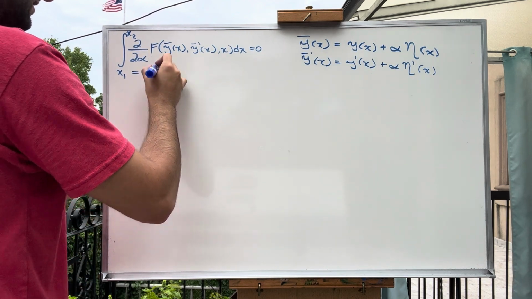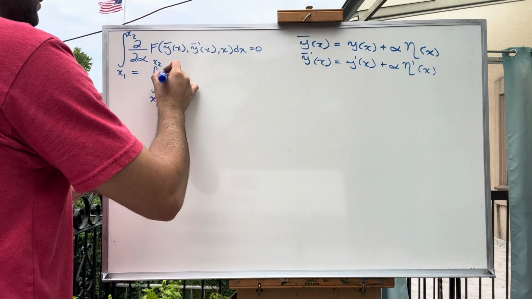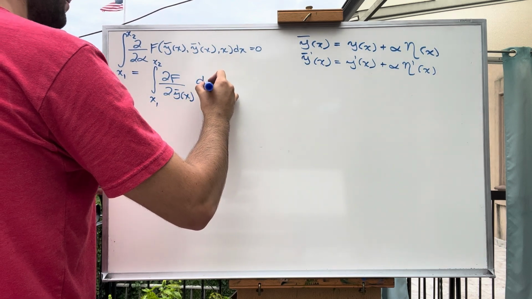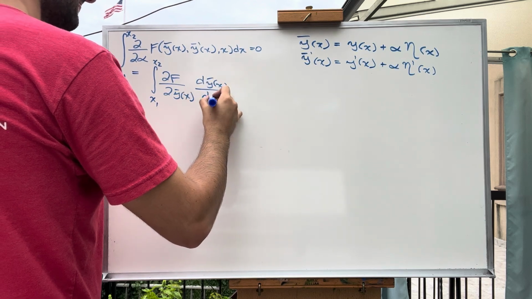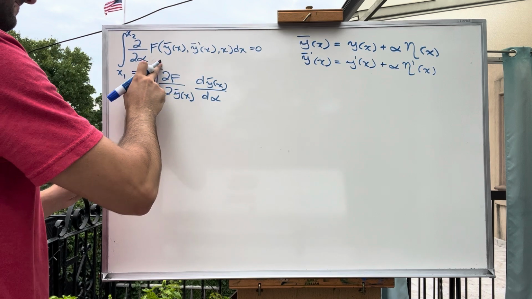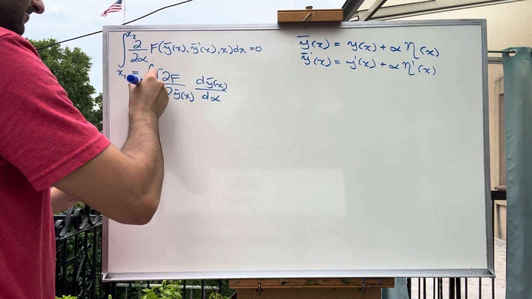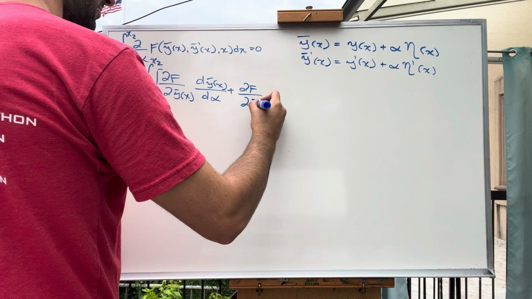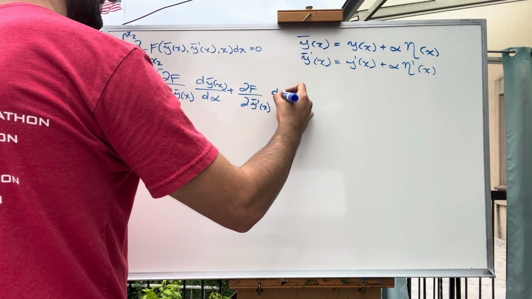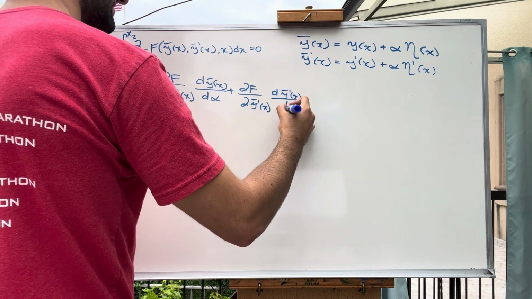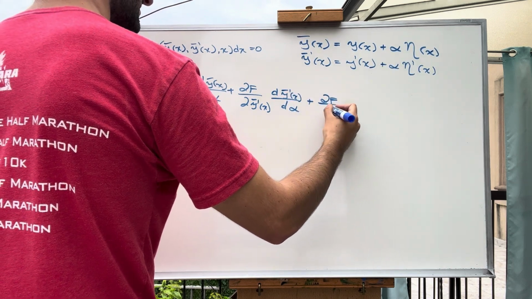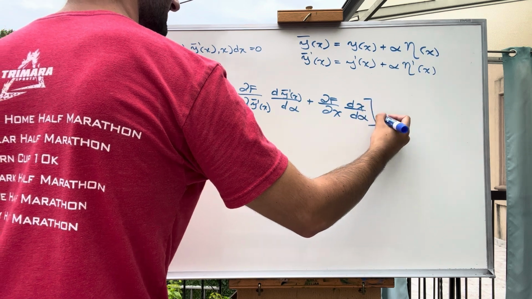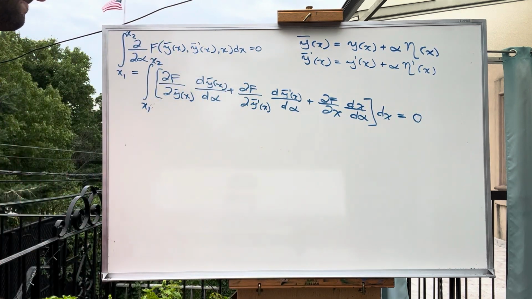We have the integral from x1 to x2 of del f del y bar dy bar d alpha plus del f del y bar prime dy bar prime d alpha plus del f del x dx d alpha dx set equal to 0.